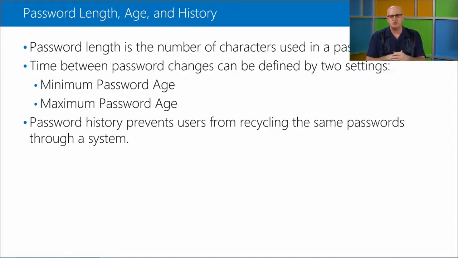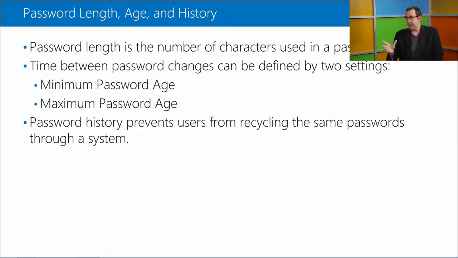I've changed the password to meet requirements, and I tell Christopher, hey, the password now is blue. So he knows moving forward that blue_plant is the new password. Having a history means that you cannot reuse a password for X amount of time or X number of passwords changed. And this relates to maximum password age.